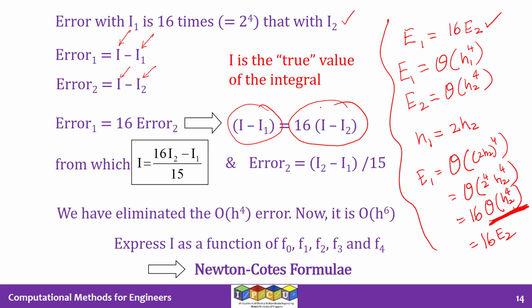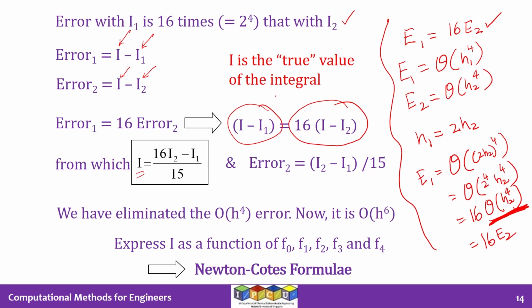And from this, I can get an expression for I as (16 I2 minus I1) divided by 15. Because when you rearrange this, you get I minus I1 is equal to 16I minus 16 I2. So if you bring this I onto the right hand side, 16I minus I will be 16 I2 minus I1.